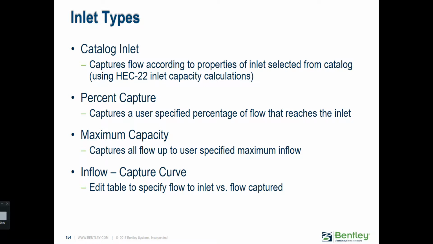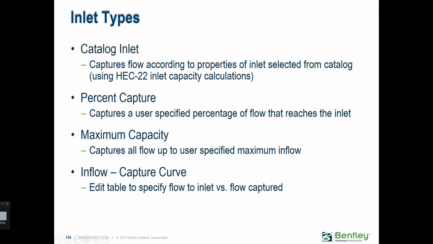The inlets that you can have, so far we have had 100% capture in sag inlets that we didn't have to worry about. You could also limit the capacity. You can say, I don't know exactly what my inlet looks like, but I know it's going to be able to intercept X cubic feet per second.